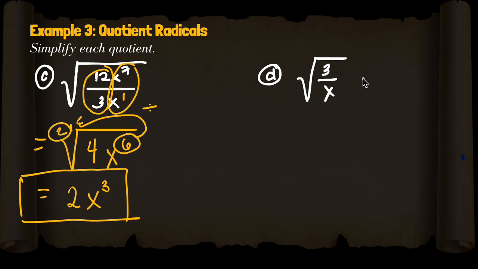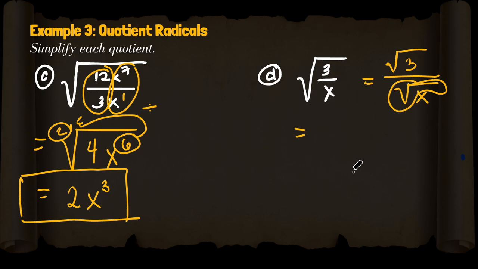Okay, so in this case, we can write it as square root of 3 over square root of x. Bakit ko na pinaghiwalay? Ito na yung sinasabi ko kanina. Kasi, hindi naman natin pwedeng simplify si 3 over x, right? So, ang gagawin ko, ganito na. Gamitin ko yung rule. Pero, dito kasi may new rules tayong gagamitin dito to get rid of this square root of x, yung radical symbol dito sa denominator.